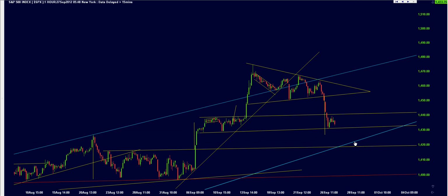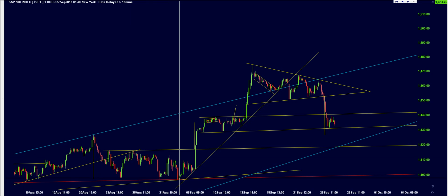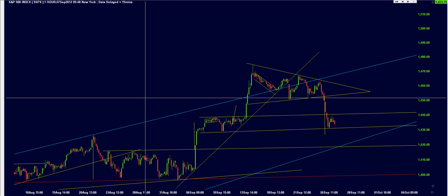Now if this blue line breaks, expect that the S&P500 should come down to around the 1400 area, and I would say that we'd probably get a bounce on this line, and the reason being is because it's had a bounce many times before. I do want to remind you though that we are looking at a potentially large rising wedge pattern.